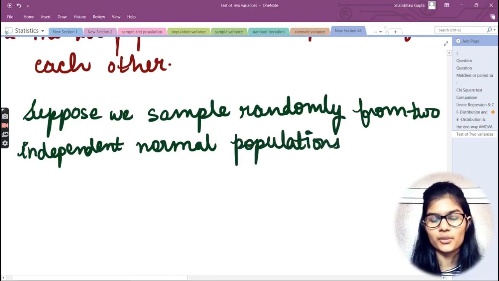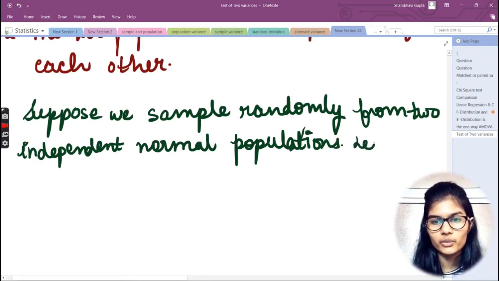In that case, these are the things we need to remember.